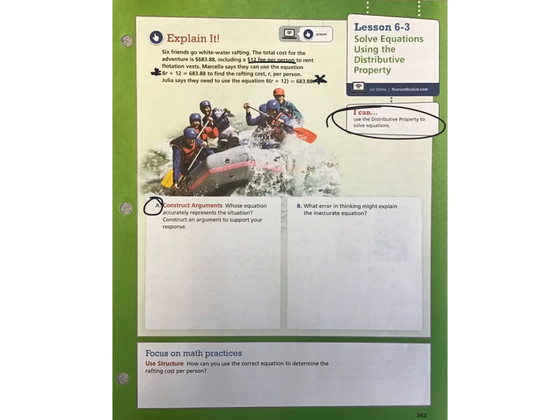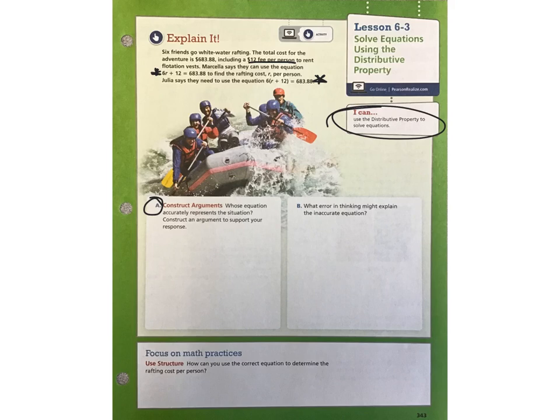To do this, we need to look at what actually are the charges involved. So when 6 friends go whitewater rafting and they pay $683.88, you would expect that cost to be divided equally by 6. But what each person is paying includes the rafting trip and the $12 fee per person.